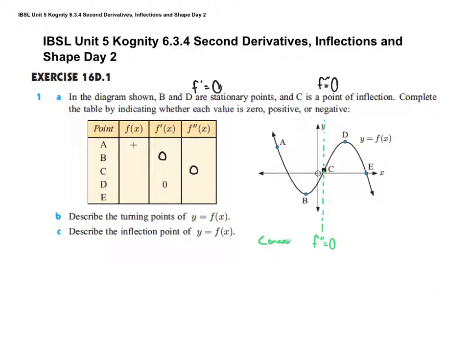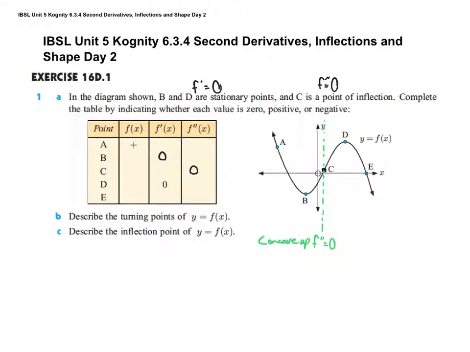Concave up or down? Concave up. Yeah, it's concave up. If you were to draw the tangent lines, they would be below the function, and that indicates it's concave up. Concave up looks like a cup, an easy way to remember it.